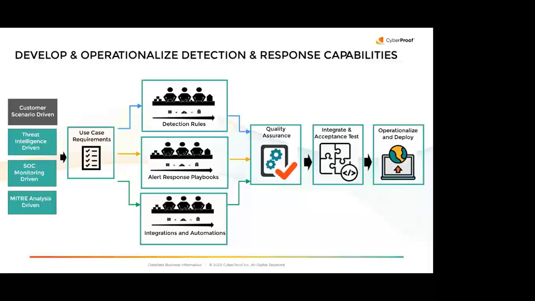And the same thing for the integration and automation. We map that to a system type, a system name, and then a usage. For example, if I got a request to build an augment to a use case that says, I've seen this type of malware detected in this particular part of the environment through an IDS system, what next?